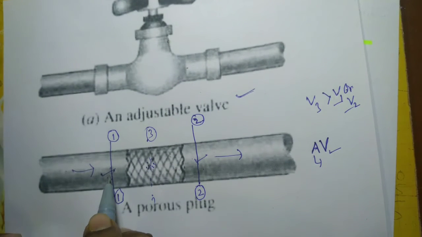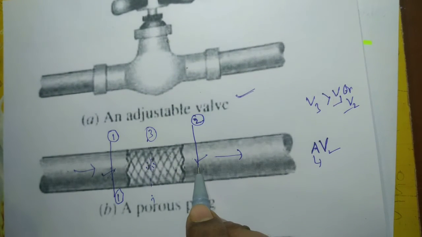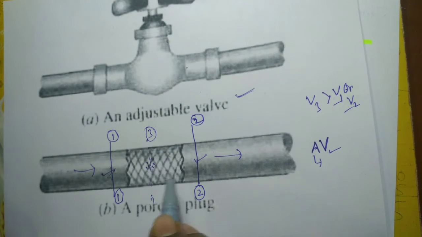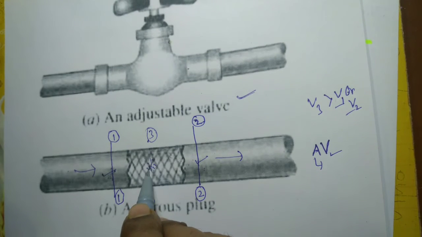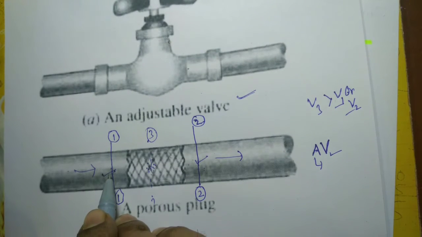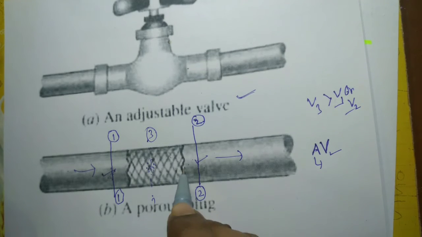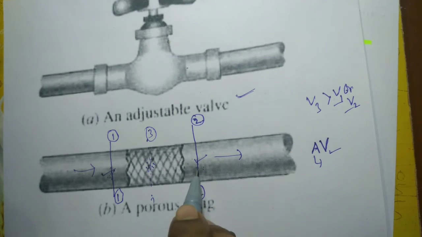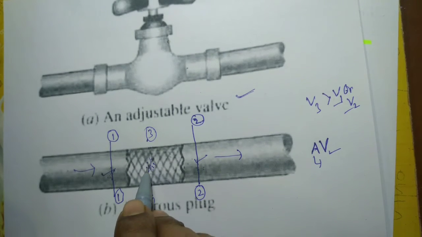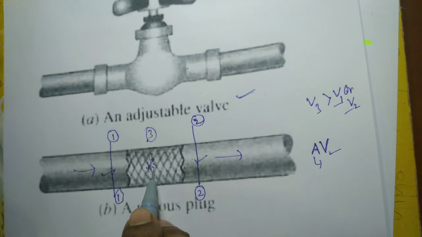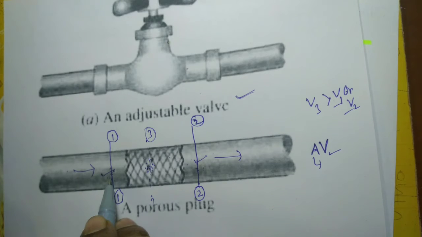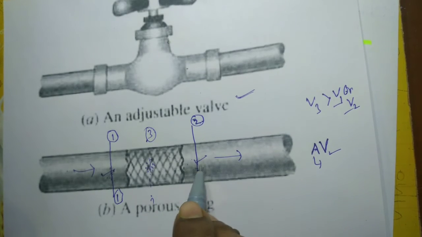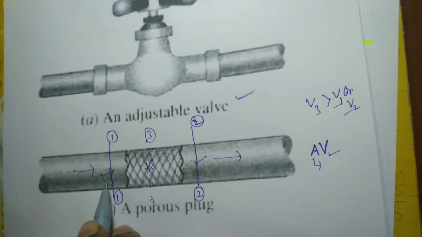But since we are analyzing the upstream and downstream sides, we can take the velocity as constant by neglecting the velocity here. Since we are analyzing the steady flow device between the upstream section and the downstream section, the velocities are the same, and of course there may be some increase in velocity in between, but if we neglect that change, then between these two sections the change in kinetic energy is negligible.